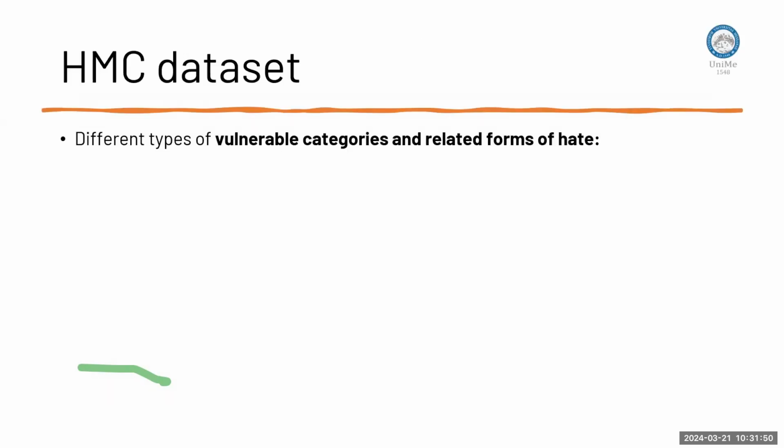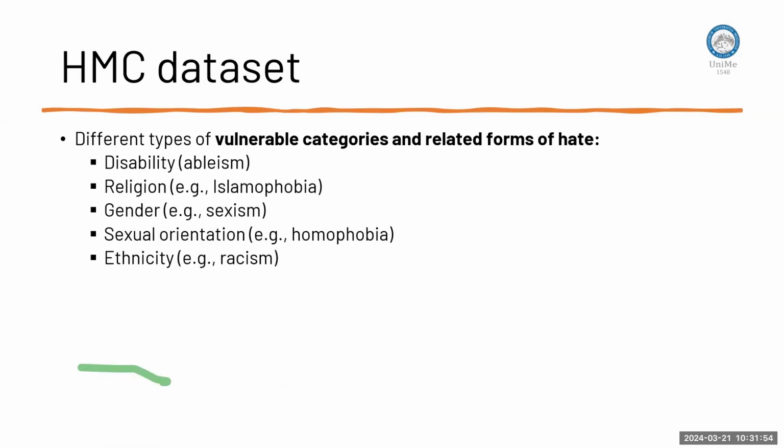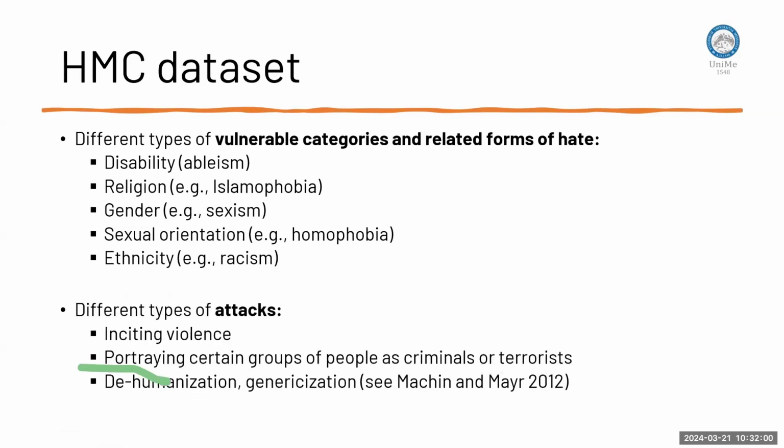This data set included different types of vulnerable categories and related forms of hate, like disability, religion, gender, sexual orientation, and ethnicity, and included different types of attacks, inciting violence, portraying certain groups of people as criminals or terrorists, and dehumanizing these groups.